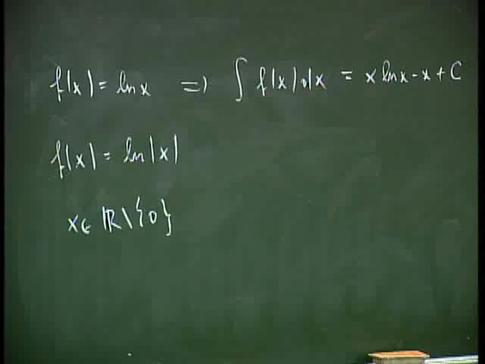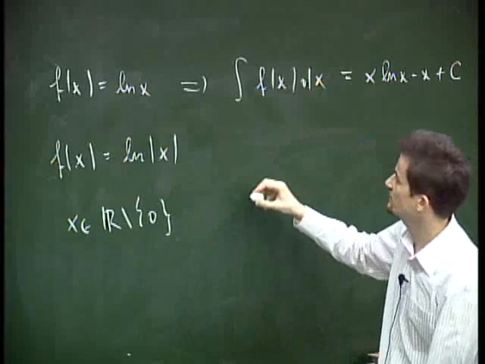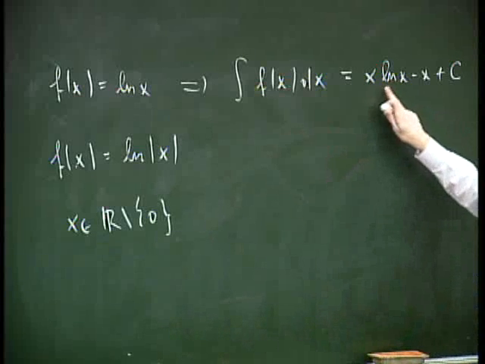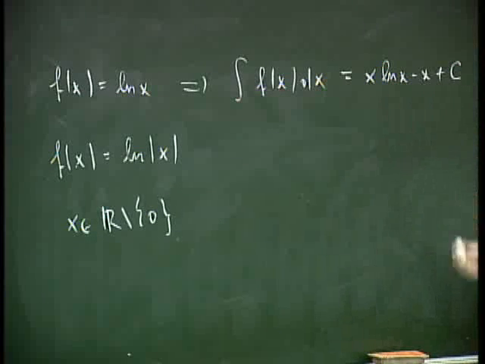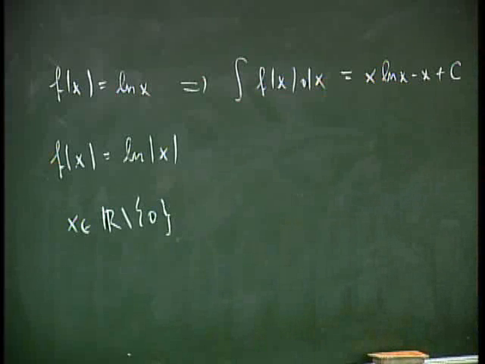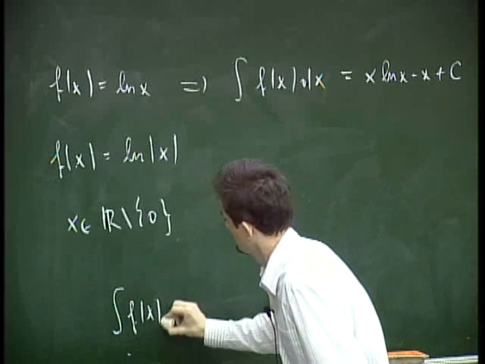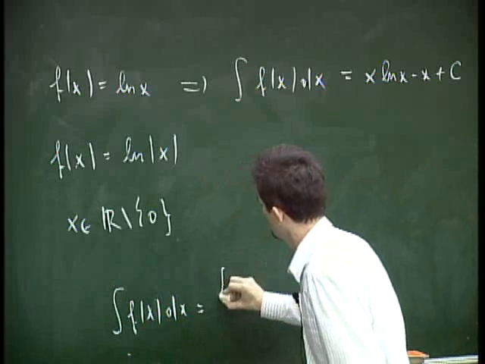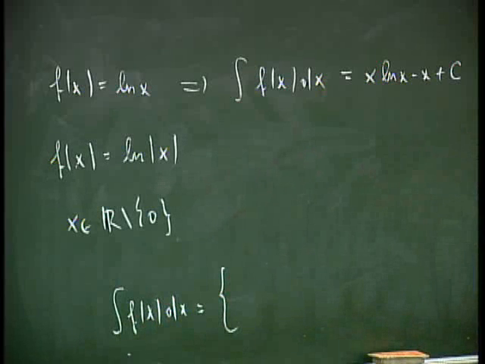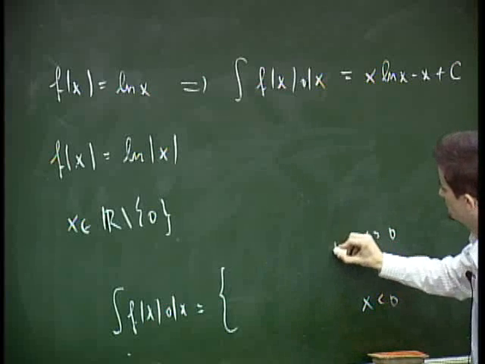So first you have to guess the antiderivative. If you guess, you will easily see x ln absolute value of x minus x is an antiderivative of this function. But for all antiderivatives, you have to divide into two cases, namely x larger than 0 and x smaller than 0.